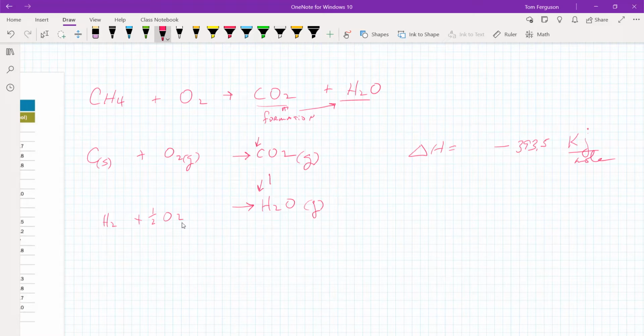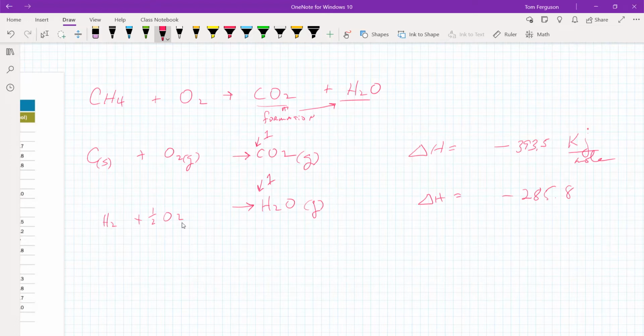That's the definition from the table: coefficient of 1. So sometimes we have to have fractional coefficients. Okay, and that is kilojoules per mole.